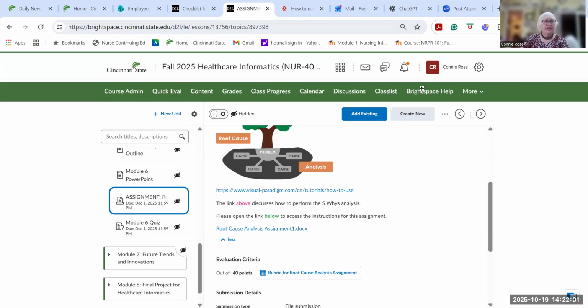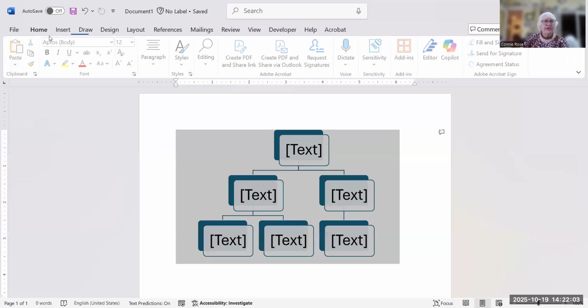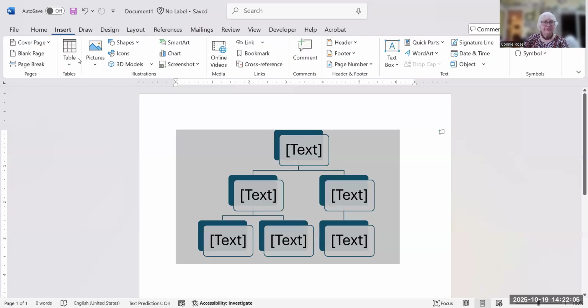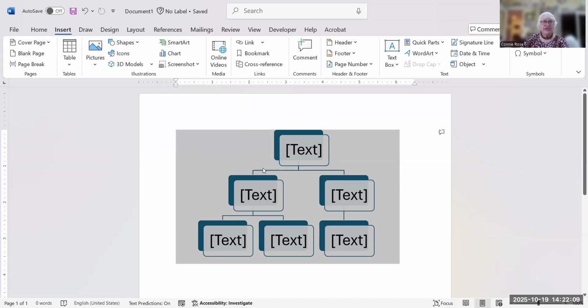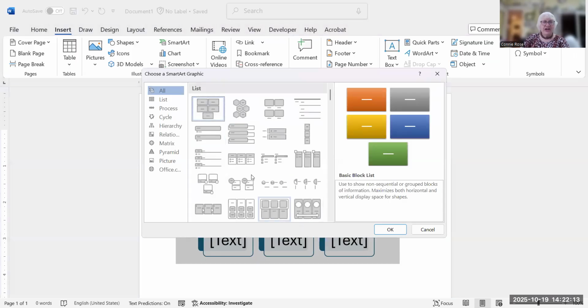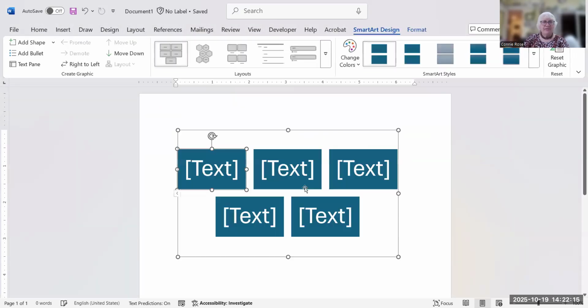And in Word, if you go up to Insert, and then you go over to SmartArt, you'll be able to see different charts. All right. I chose this chart just to begin with, or you can choose whatever one works for you.